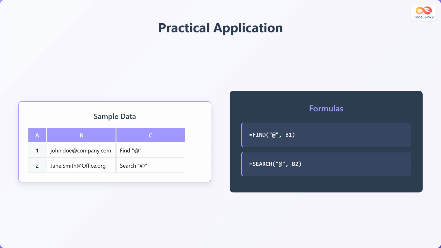To find the position of the @ symbol in cell B1 using the FIND function, you would enter the formula =FIND("@", B1). Similarly, to find the position of the @ symbol in cell B2 using the SEARCH function, you would enter the formula =SEARCH("@", B2).